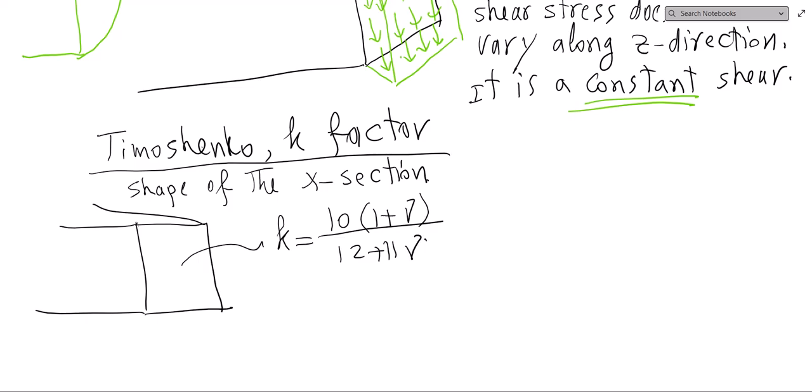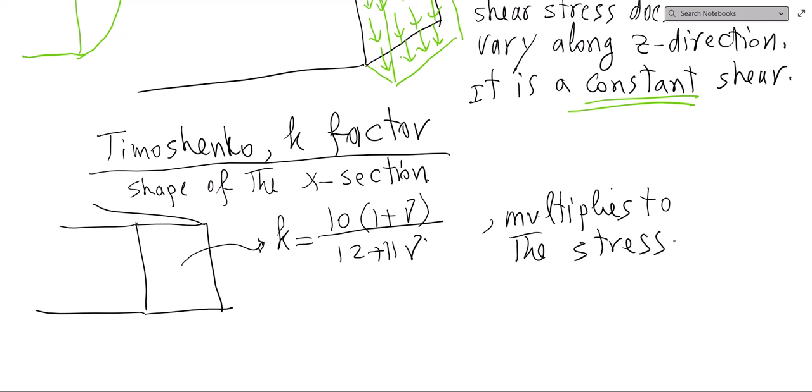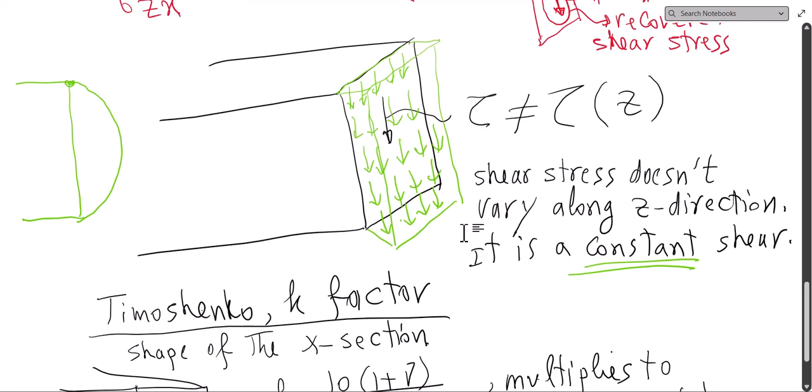So you can get this K factor from different references, and for an I-beam it is more complex, for example, semicircle, and then you can get this K factor which multiplies the shear stress. So it kind of gives you the full treatment. So it's a fudge factor, if you like, to overcome this deficiency.